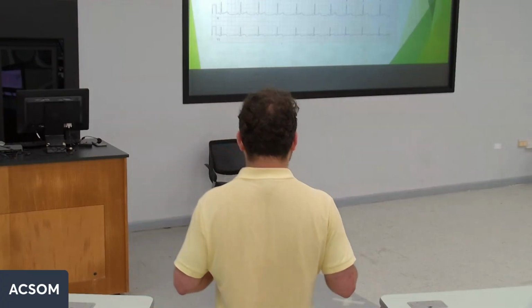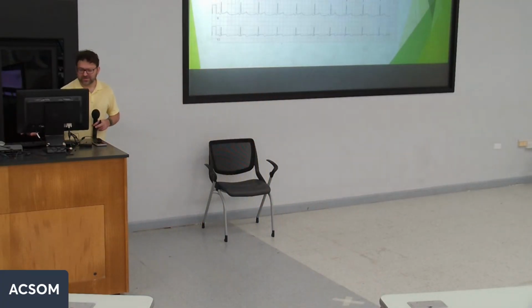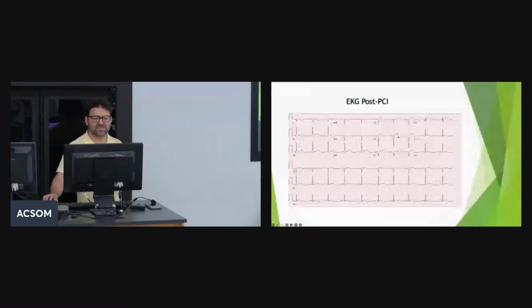No, say it. Inverted. Pick the other one. Inverted. The inversion you're talking about is right here. This is a T wave. So you're absolutely correct. He has anterolateral T wave inversions.